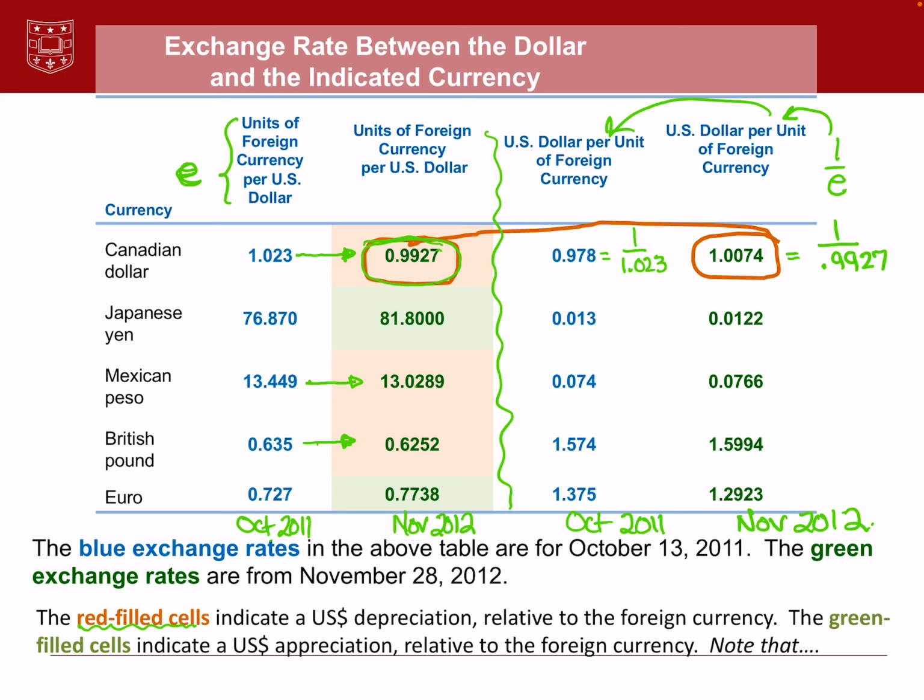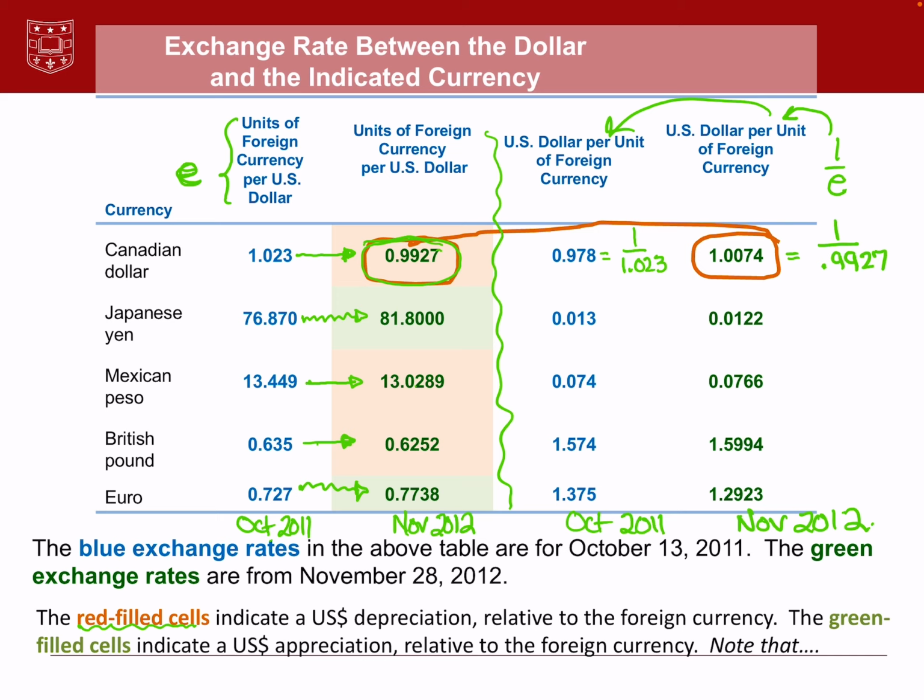Then what we have in green, so we'll make that a squiggly line here and here, represents an appreciation of the dollar relative to the yen, right? First you get almost 77 yen per dollar, then it becomes almost 82 yen per dollar.